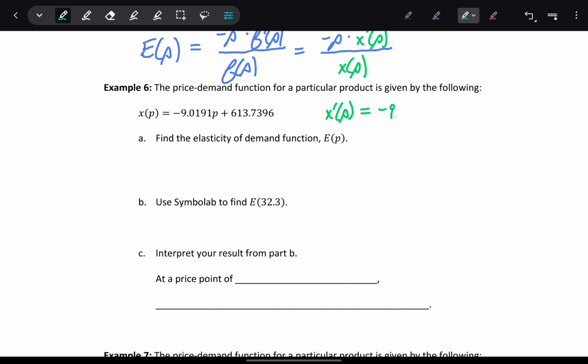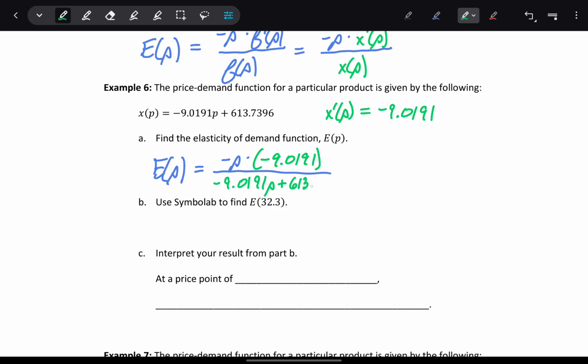So this would be negative 9.0191, meaning our elasticity function, E of p, would be negative p times negative 9.0191, all of that divided by the original price demand function, negative 9.0191p plus 613.7396.